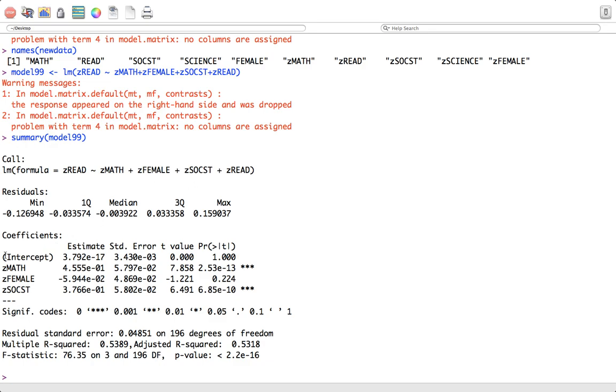Well, you can see we get essentially a no-intercept model. Not really sure what's going on here. It's talking about the contrast. The response appeared on the right side and was dropped. Okay, that's cool. Okay, all right, so we're good.